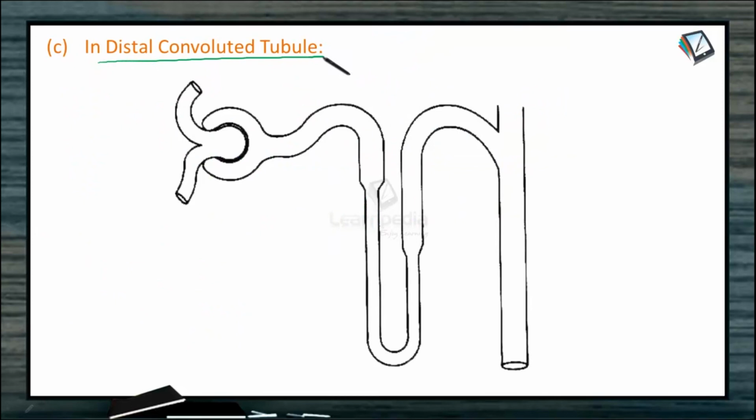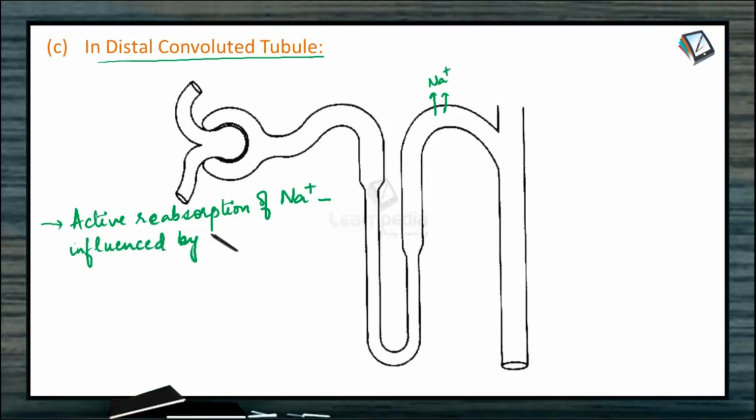The distal convoluted tubule, this part of the nephron, is mainly concerned with active reabsorption of sodium ions. The sodium ions are reabsorbed into the blood from the distal convoluted tubule. This reabsorption of sodium is mainly influenced by mineralocorticoids, which is aldosterone, a hormone which helps in the reabsorption of sodium ions.